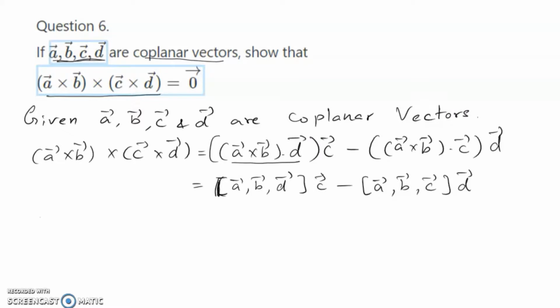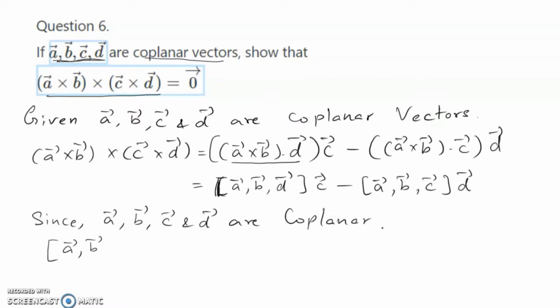Since A, B, C and D are coplanar, [A, B, D] will be equal to 0 and [A, B, C] will be equal to 0.